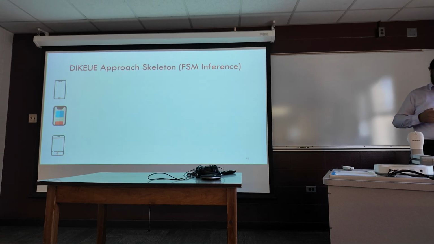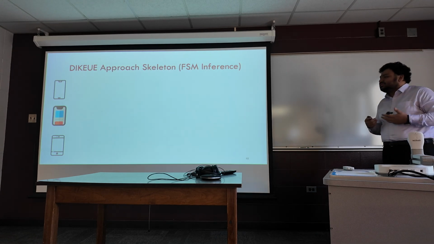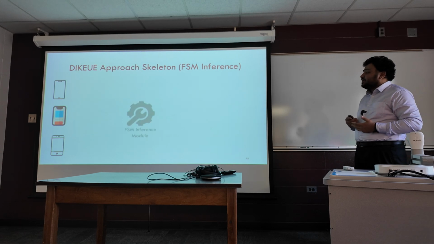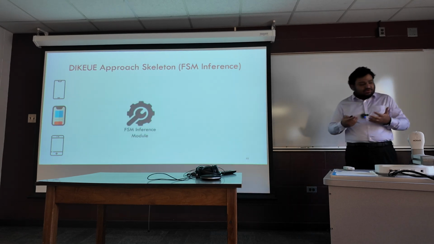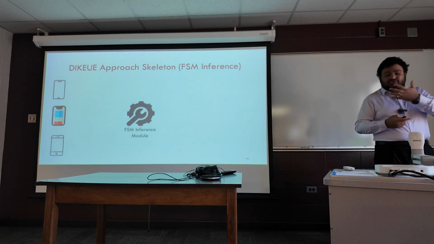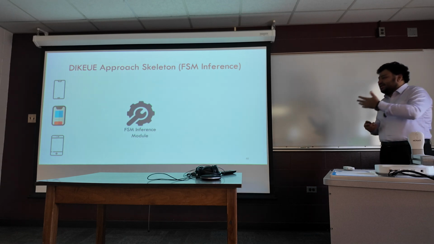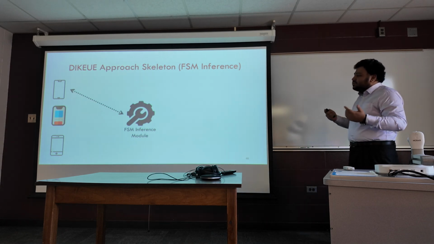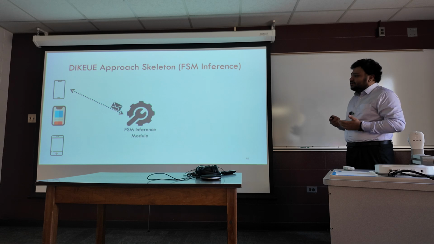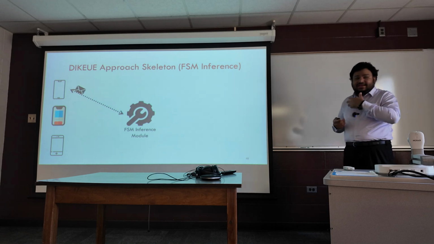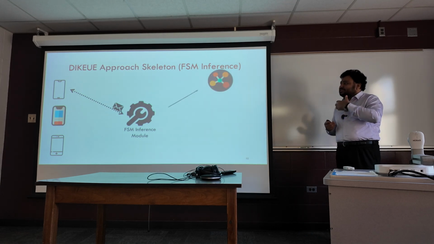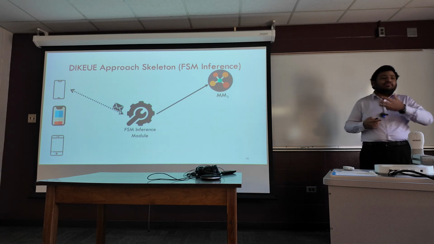For this abstraction extraction, we use an approach called active automata learning. What this active automata learning does is, through a module that we created called the FSM inference module, it communicates with all the smartphones by sending messages over the air. And with the responses, it creates a formal model out of that.